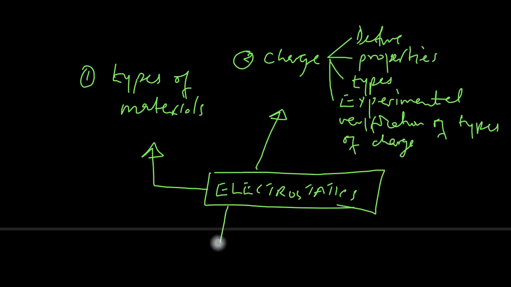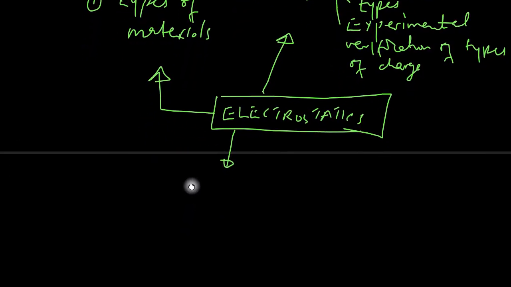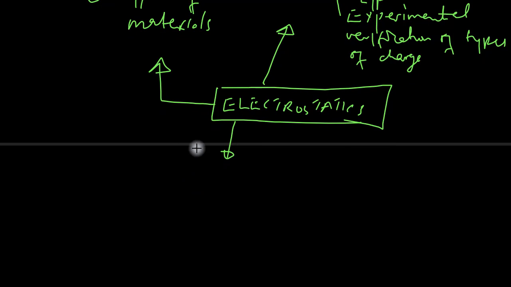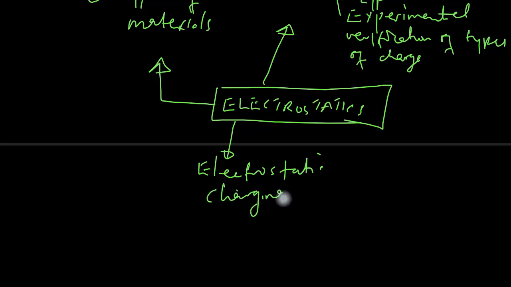Our third chapter in electrostatics is going to be about a very important phenomenon called electrostatic charging. Under here we are going to look at the methods used to charge things in electrostatics.